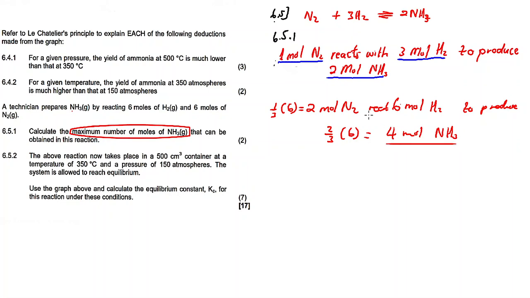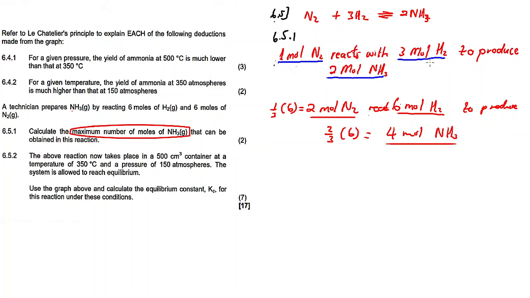So therefore, I said at the beginning we need to determine the limiting reagent first, since initially we react 6 moles of hydrogen and 6 moles of nitrogen. So therefore, since our moles are the same, the one with the highest ratio is the limiting reagent. The limiting reagent means everything will be used up.